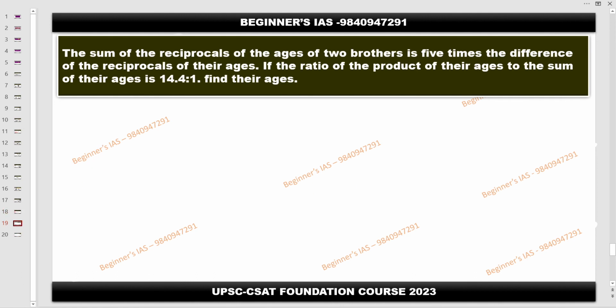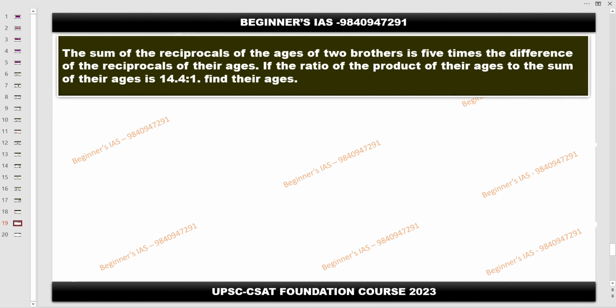So this is the age problem. Please take 1 or 2 minutes to solve this problem. The sum of the reciprocals of the ages of the two brothers is 5 times the difference of the reciprocals of their ages.